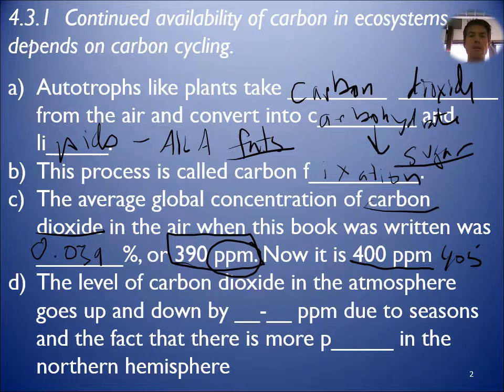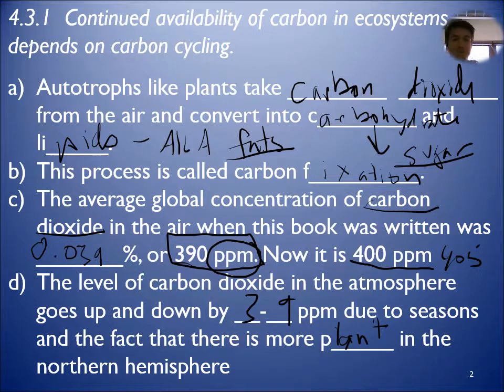today. But it always goes up and down by about 3 to 9 parts per million seasonally, higher in the winter time for us in the northern hemisphere and lower in the summertime, because, and I showed you a map of the world, we've got a lot more plants in the northern hemisphere.